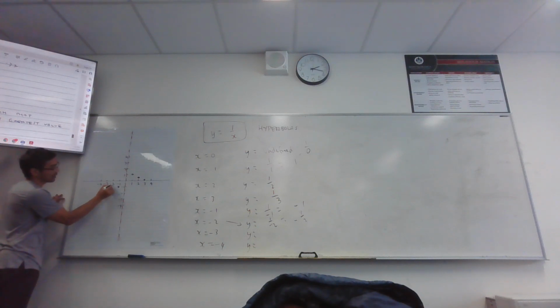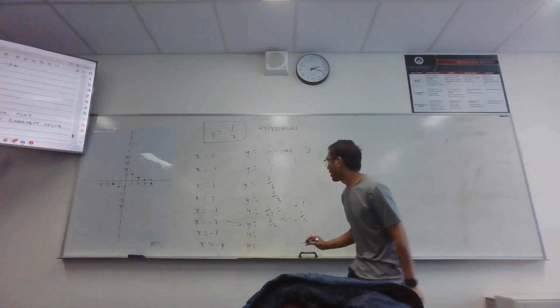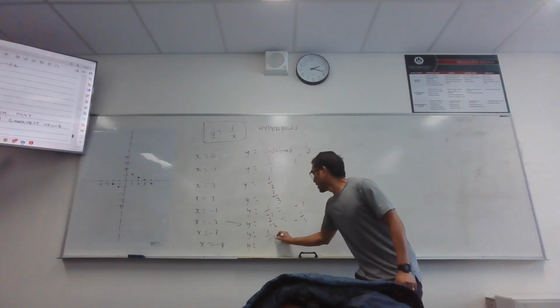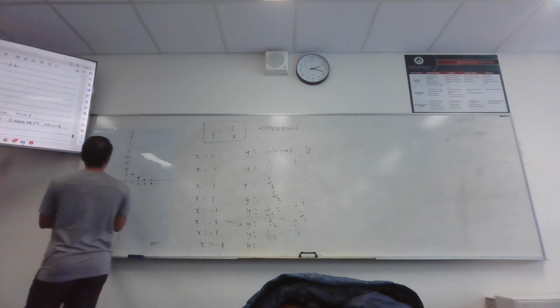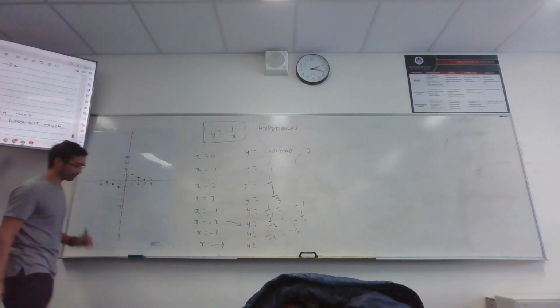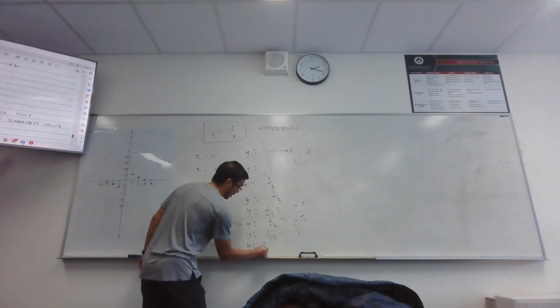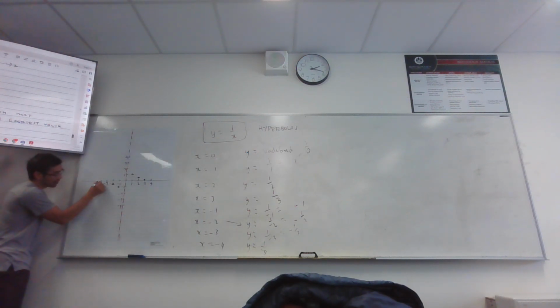Negative 2, negative half is about here. 1 on negative 3 is negative 1/3. Getting closer to 0. Likewise for negative 4, it's negative 1/4.